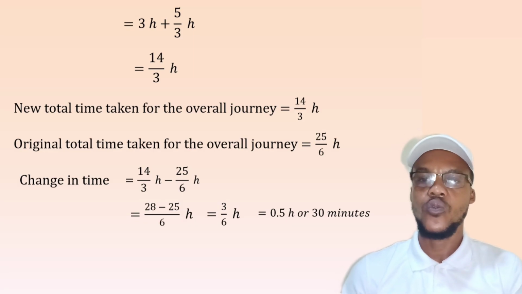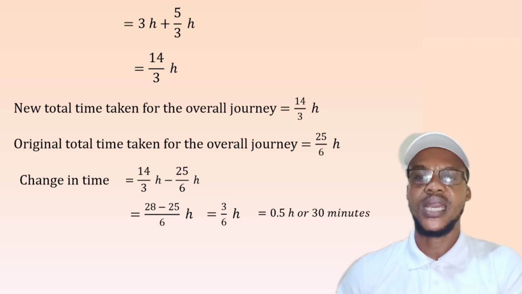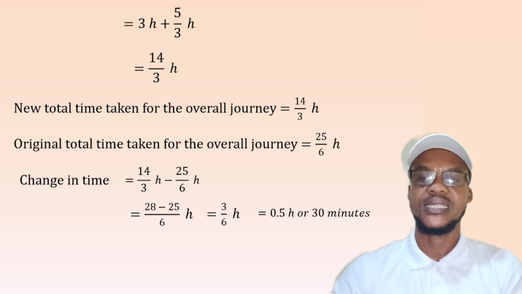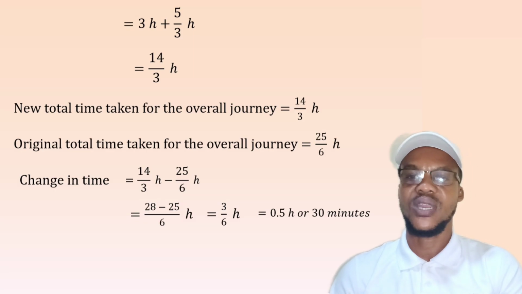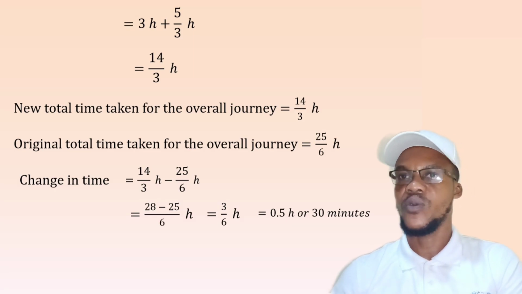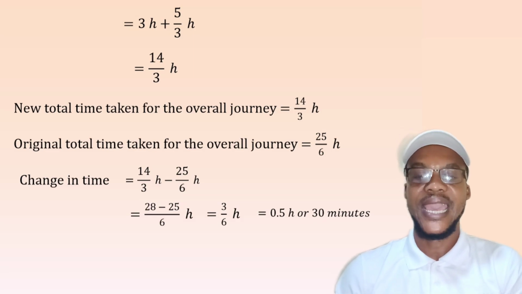We all know that half an hour is 30 minutes. So was the time increased or decreased? You realize that we subtracted the previous one from the new one. That means the new one is greater than the old one, which suggests that there has been an increment in time.